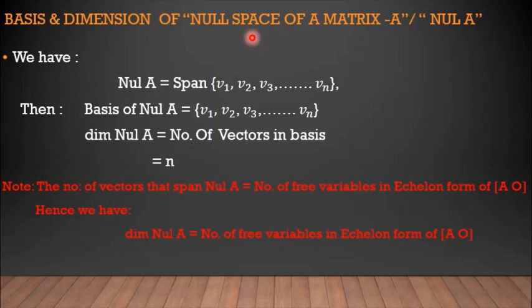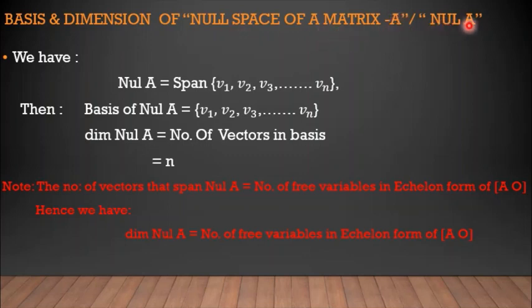Then if it is also a vector space, then it will be also a finite dimensional vector space when the given vector space is finite dimensional. Then it will have a basis and it will have dimension. So now we will see how to find the basis and the dimension of null space of a matrix A.